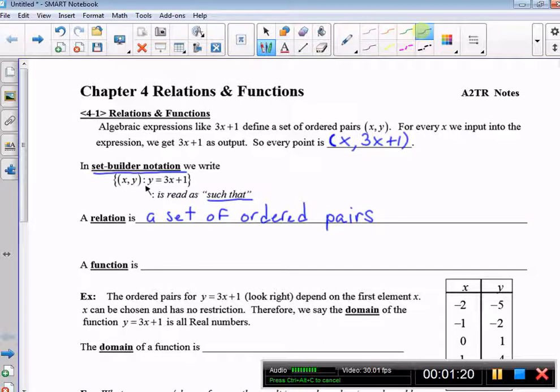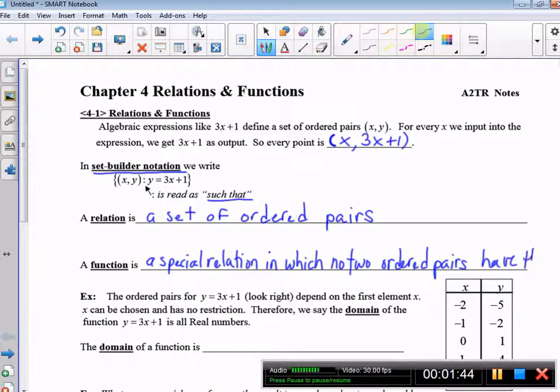A function is a special relation in which no two ordered pairs have the same first element, or x.